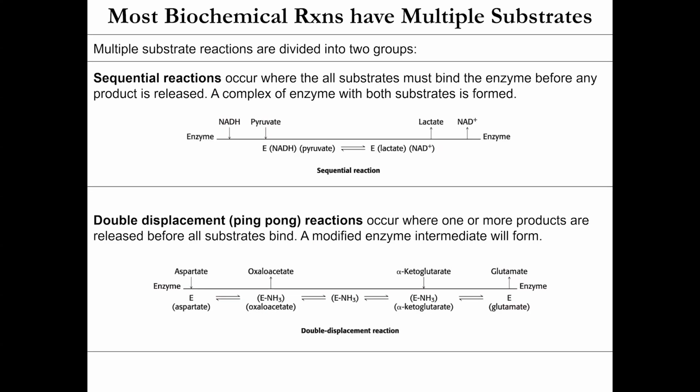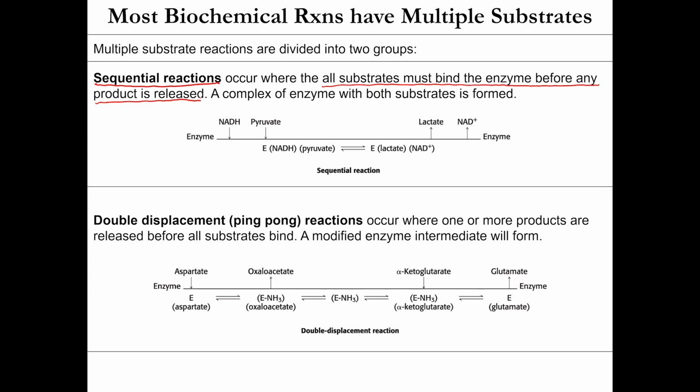And so now that we've gone through all these kinetic parameters, we'll end the lecture today by talking about how to describe different biochemical reactions that have multiple substrates. Multiple substrate reactions are basically divided into 2 groups. One are sequential reactions, which occur where all the substrates have to bind the enzyme before any product is released.